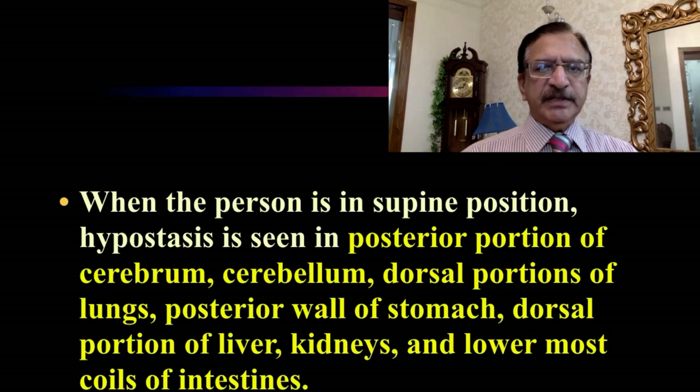When the person is in supine position, the hypostasis will be seen in the posterior portion of the cerebrum, posterior portion of the cerebellum, dorsal portions of the lungs, posterior wall of the stomach, dorsal portion of the liver, kidneys, and lowermost coils of the intestine, which are dependent.